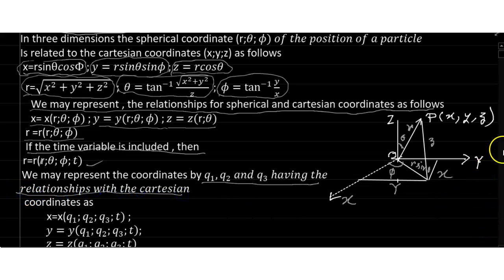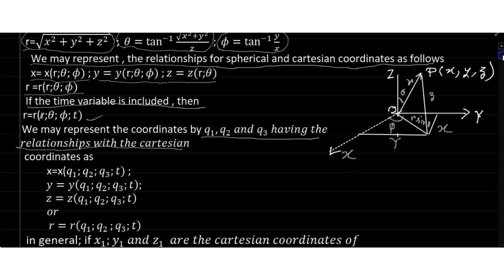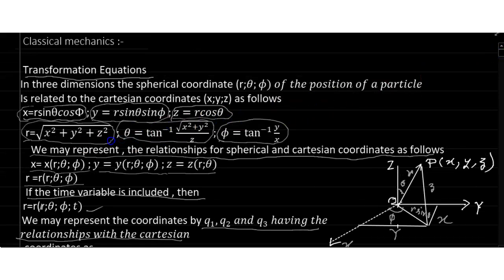So friends, in the transformation of axes, you get x, y, z. x is equal to r sine theta cos phi. How?